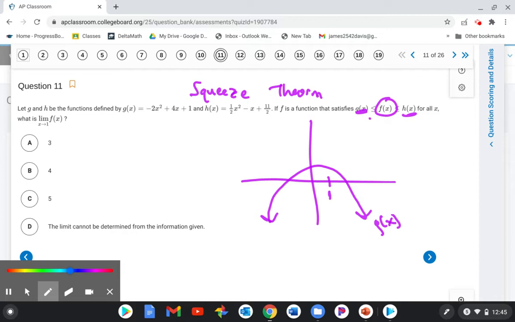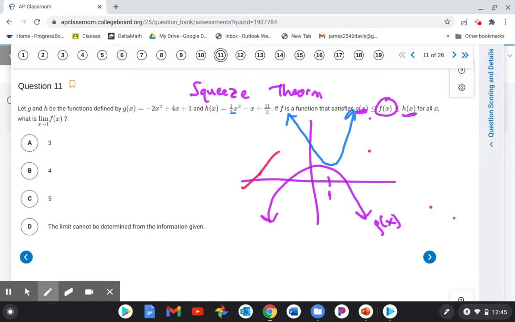Again, I don't know exactly what this looks like, but just to illustrate the theorem, there's g of x. H of x is a positive radical, so it's going to go the opposite way. Maybe it looks something like this. And then you've got this f of x, which goes in between them. We don't even know what that function looks like, but it happens to go right through there. Maybe it's some sort of trig function. It sneaks right through there.